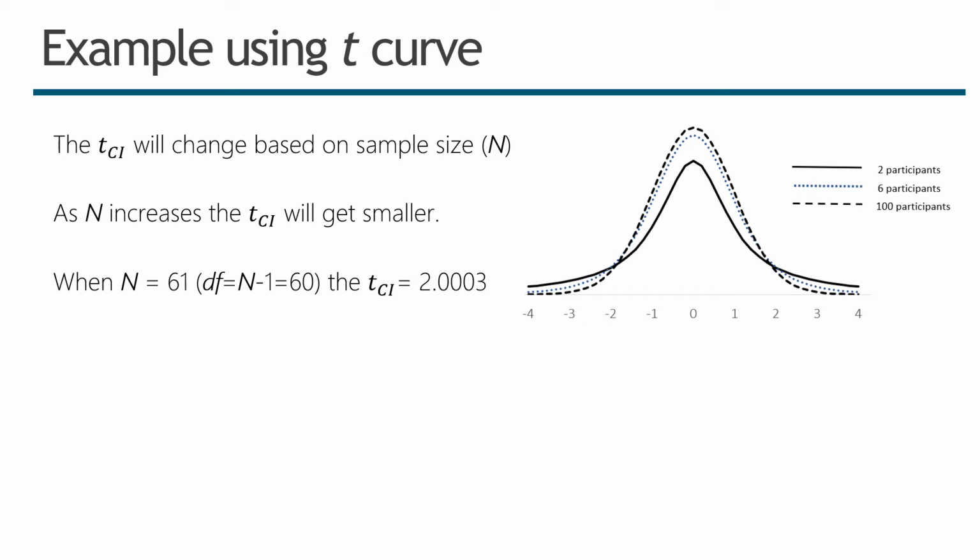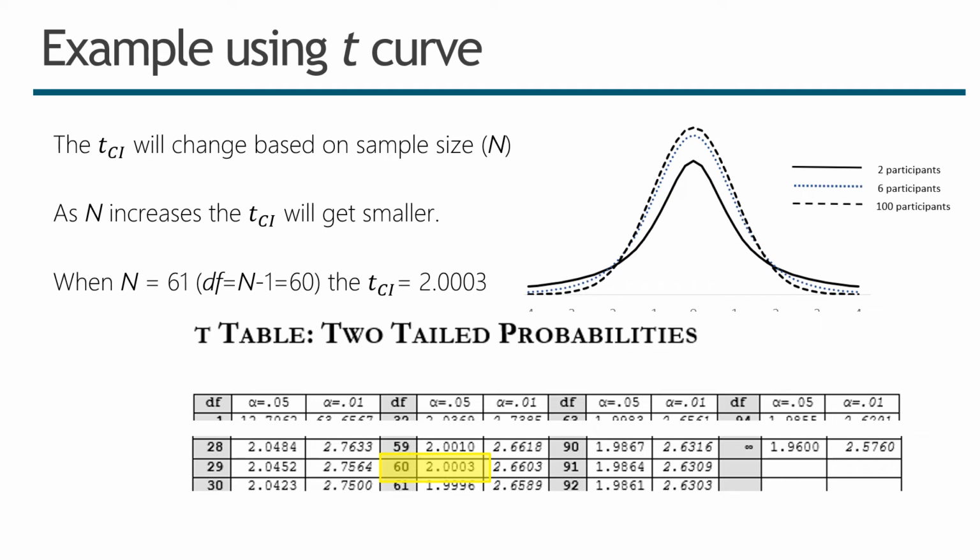Now what this means is the TCI, a value between 2 and -2, those two values bracket the middle 95% of all possible t-scores. In order to find the TCI, you need to use a t-table, specifically a two-tailed t-table.